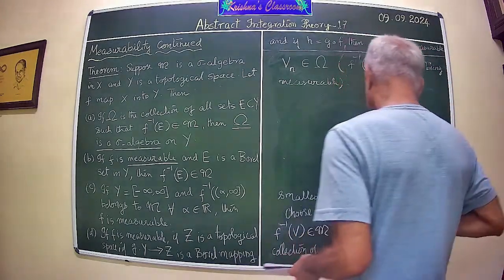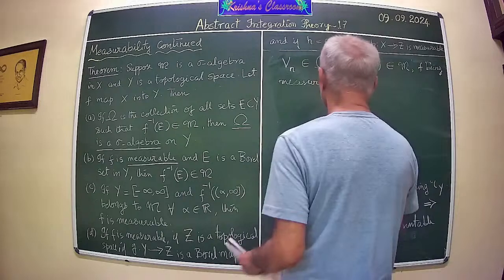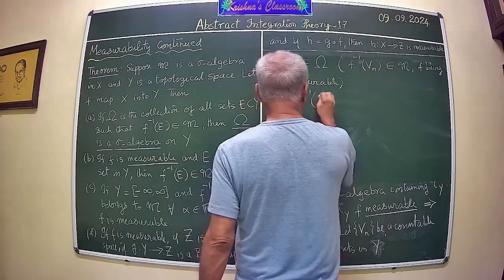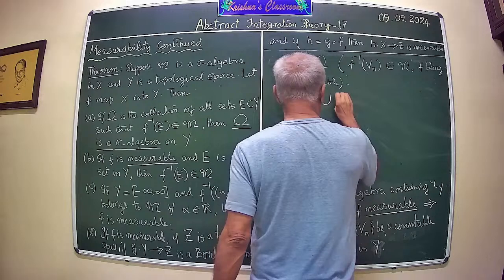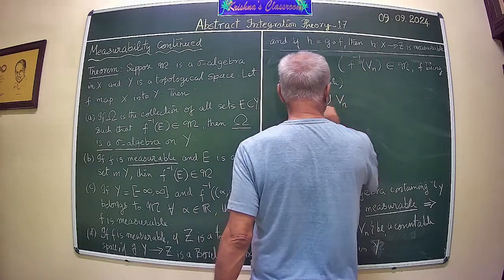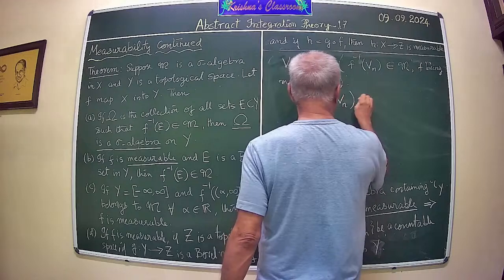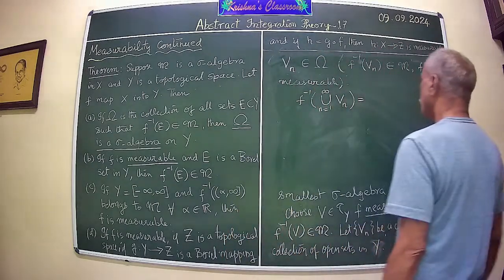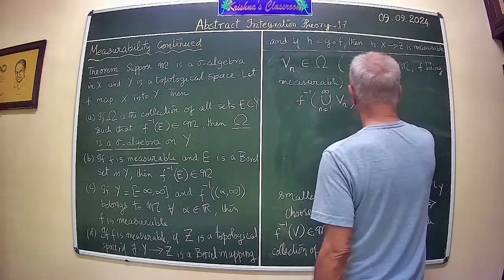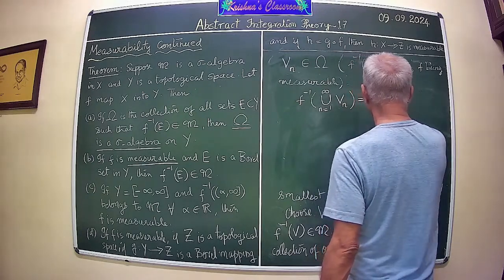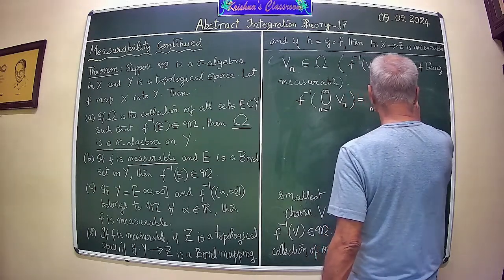Okay, now we will work out this. So we look at this one, F inverse of the union of Vn. This is equal to the union of F inverse of Vn.